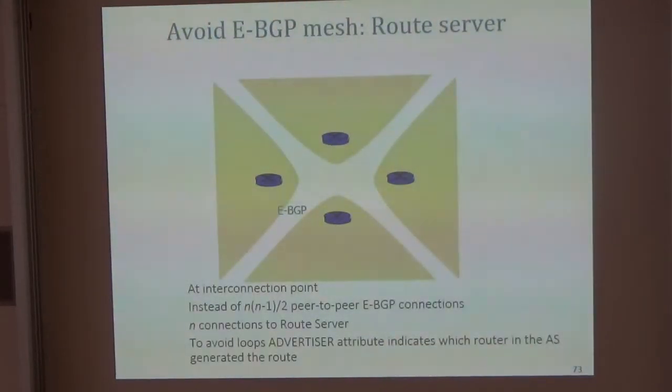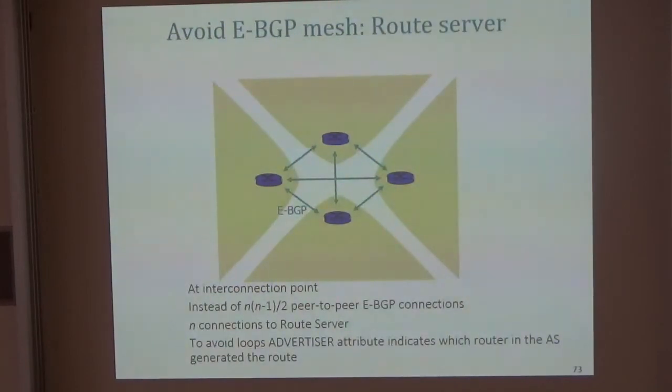Something you often see if you search for BGP information is the concept of route servers. Route servers are a different thing. They are used to avoid what is sometimes called the eBGP mesh. What is that? In principle, there is no eBGP mesh because you interconnect to a neighbor network.